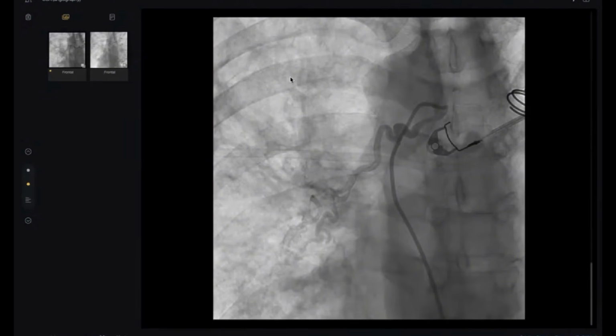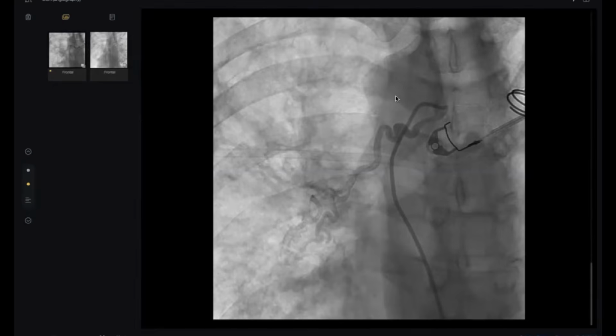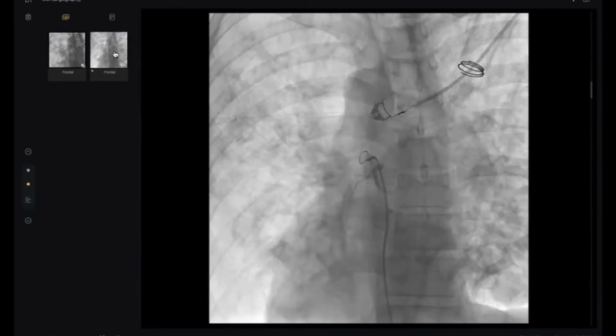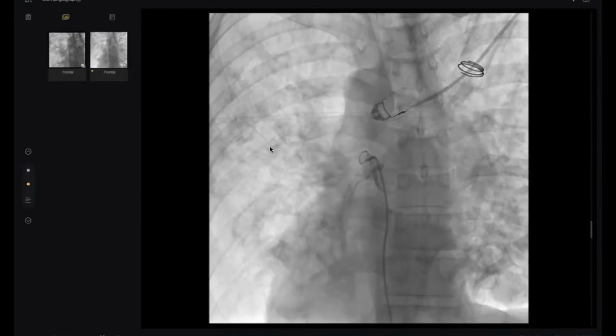So this could be the cause of the hemoptysis. The next step would be embolization to stop the hemoptysis.